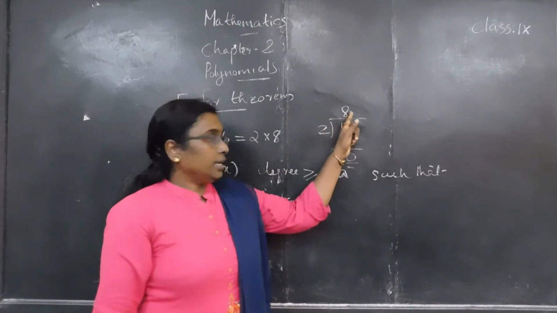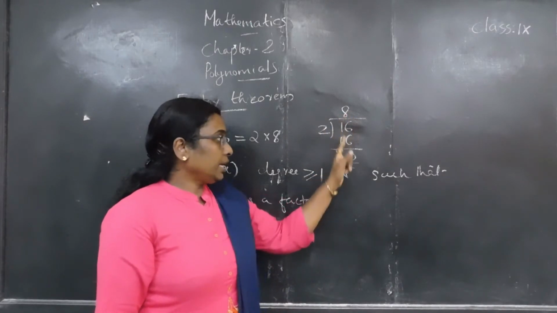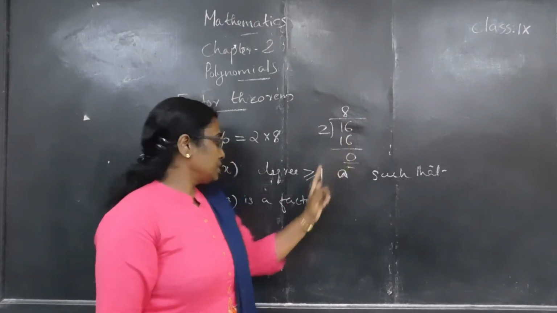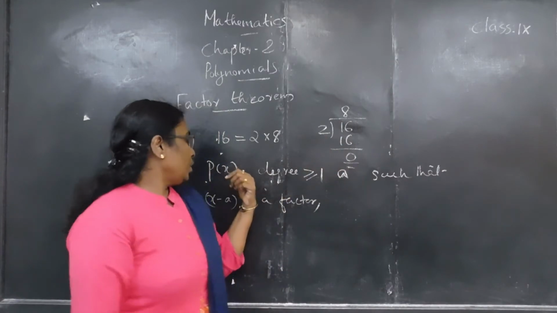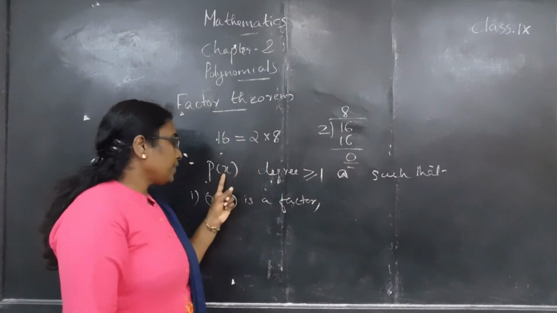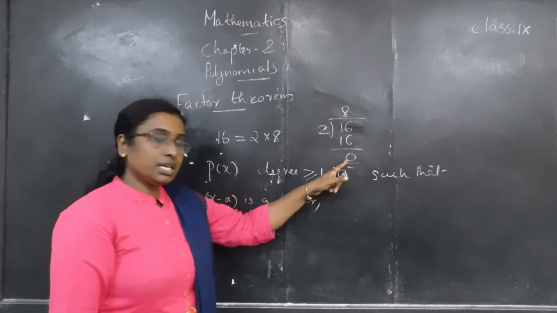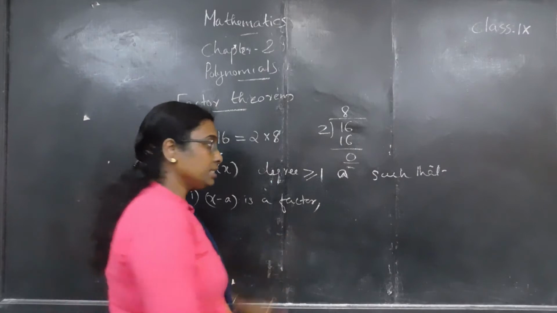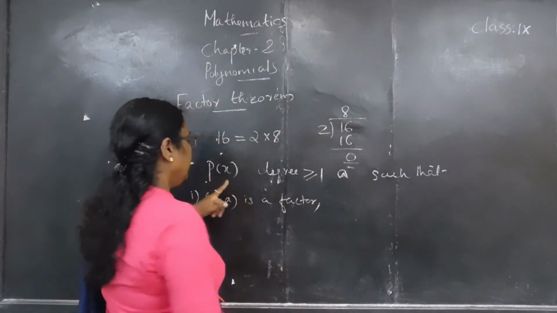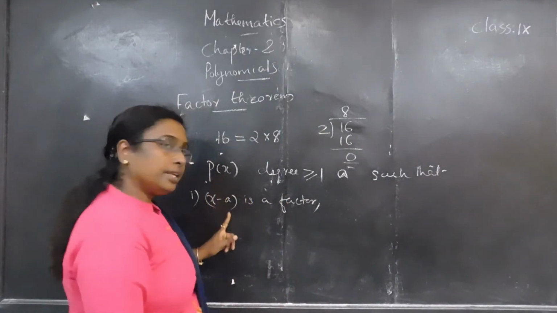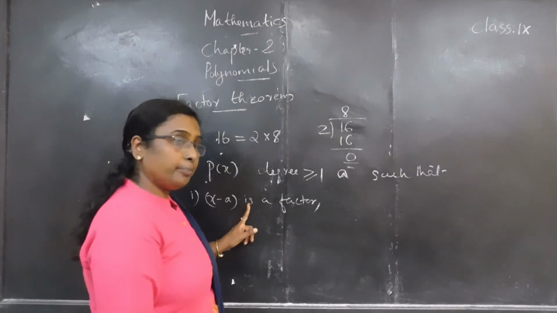Here 8 is a factor, so we can say that the remainder is 0. Similarly, if x minus a is a factor of P(x), then the remainder is 0. The remainder, when P(x) is divided by x minus a, is P(a), as we studied in the last class.